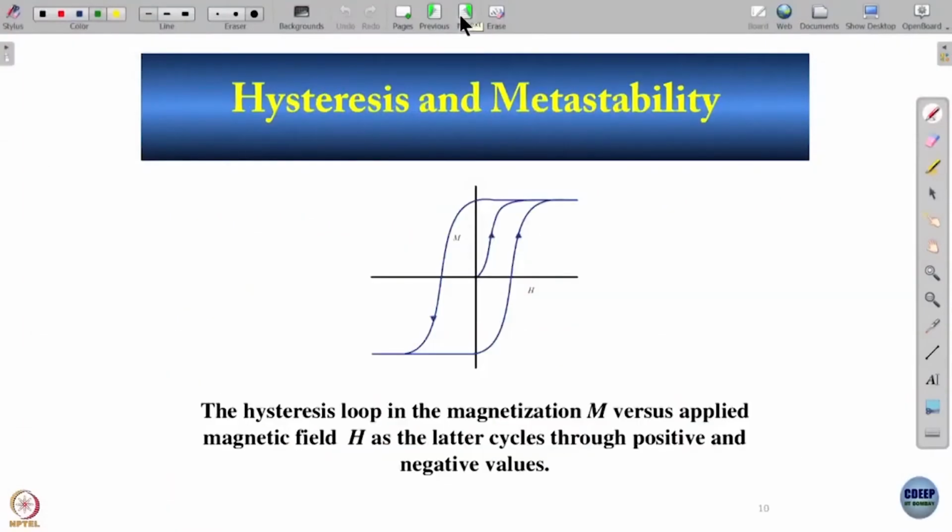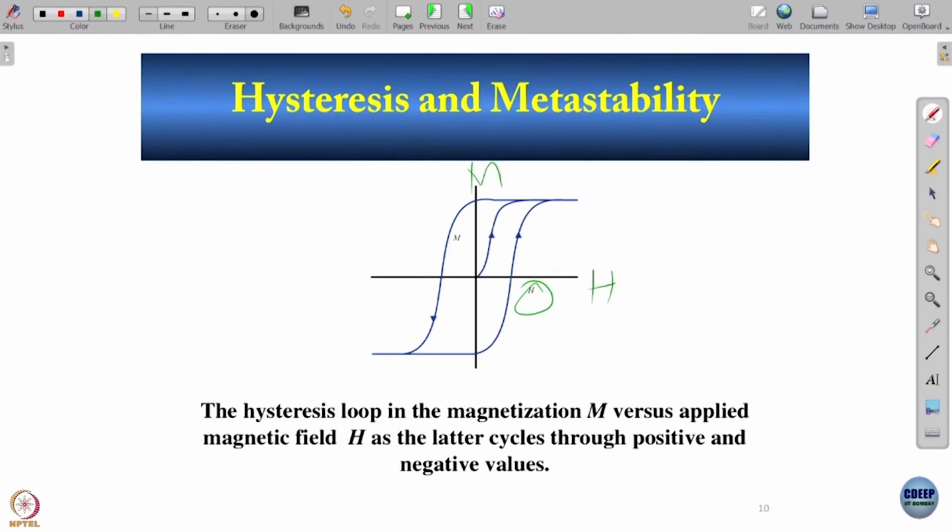Now Landau theory comes in beautifully. Landau says, okay, I can now describe the free energy, and this is the hysteresis and metastability. Then what shows in the presence of a magnetic field? So H is the magnetic field and M is the magnetization. I change that.